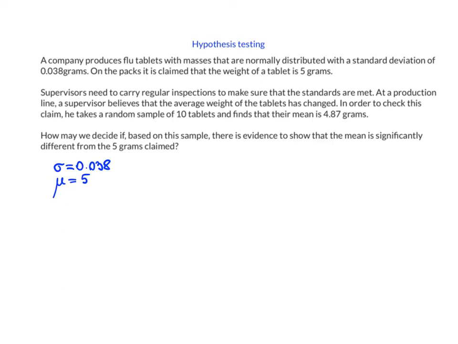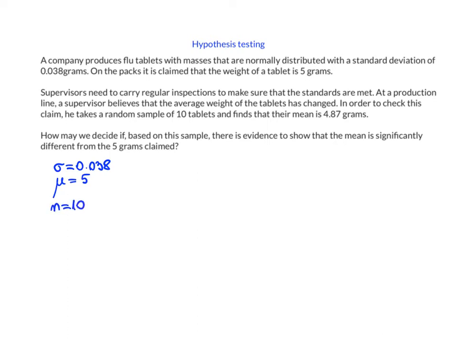Now I need to check whether the standards are met or not. Does the company tell the truth? So what we do is, at the production line, the supervisor believes that the average weight of the tablets has changed. So he takes a random sample of n tablets. How is he going to check?